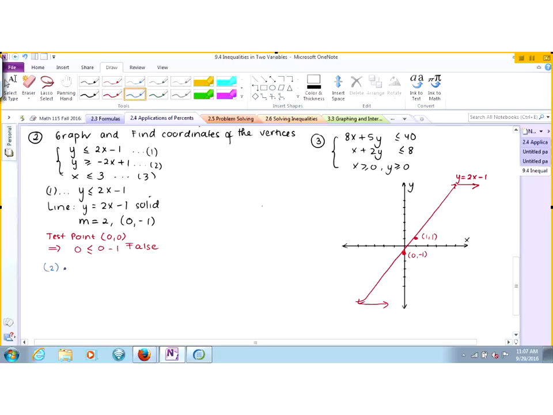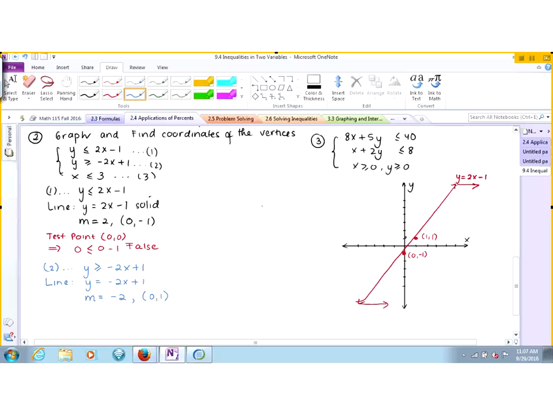Okay. Now the second one is y is greater than or equal to negative 2x plus 1. What is the equation of the line? Okay. So what is the slope? And the y-intercept?